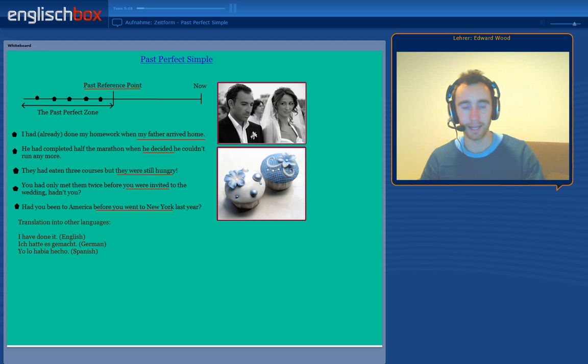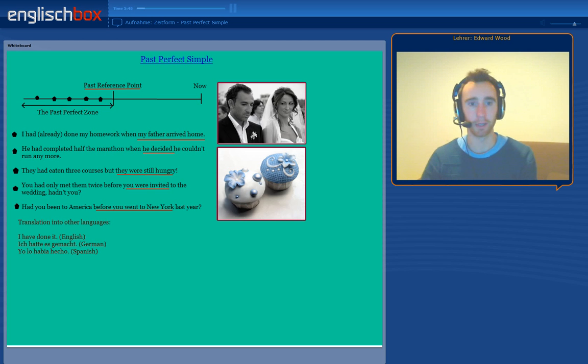In the second sentence, he had completed half the marathon when he decided he couldn't run anymore. This moment when he makes the decision, he decided, is the past reference point, and he had completed half the marathon before this happened. So we use the past perfect to describe or express the fact that this action happened before another action in the past.